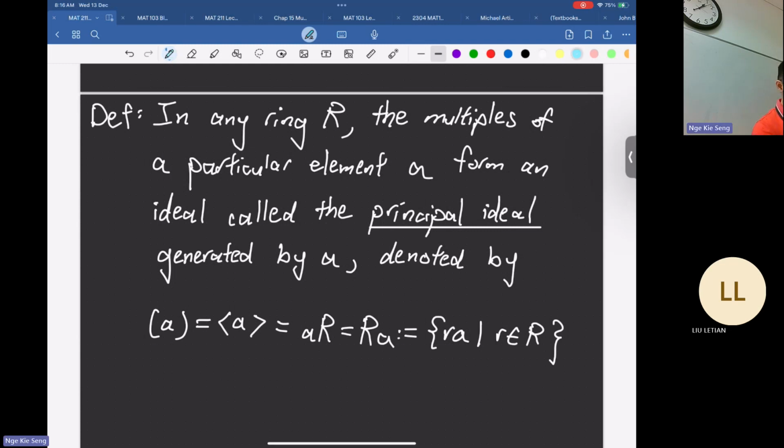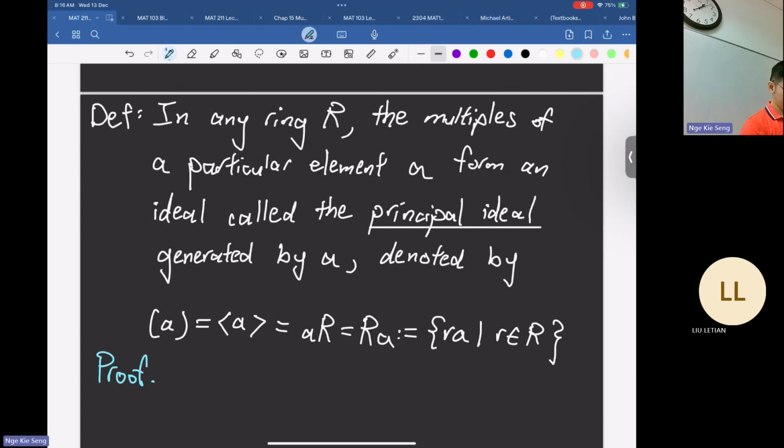First of all, is this a non-empty subset of the ring? Why is it not empty? What must be in there? a must be in there, right? Because your ring has an identity.